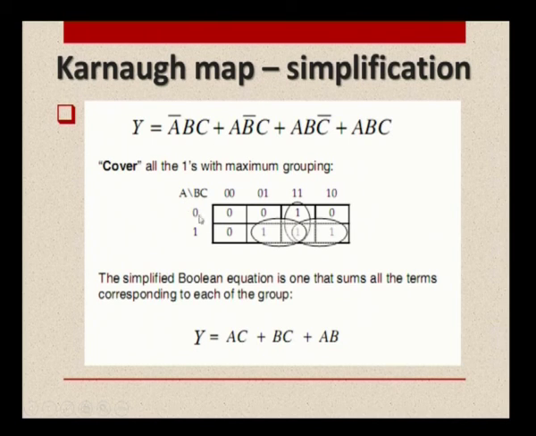We take A on the vertical side and B and C on the horizontal side, and we have these 8 boxes generated. A0, B0, C0 is this box, A0, B0 and C1 is this box. It goes like that. So, it is well understood.